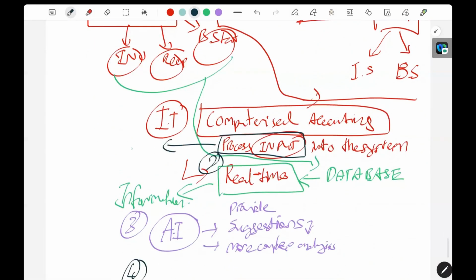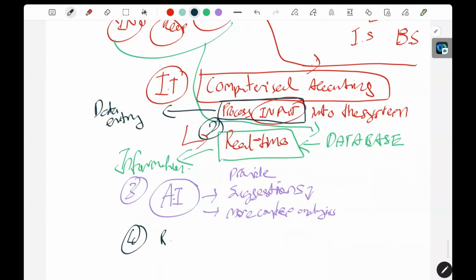They call it data entry. Now we have a higher technology, or process. We call this robotic process automation.